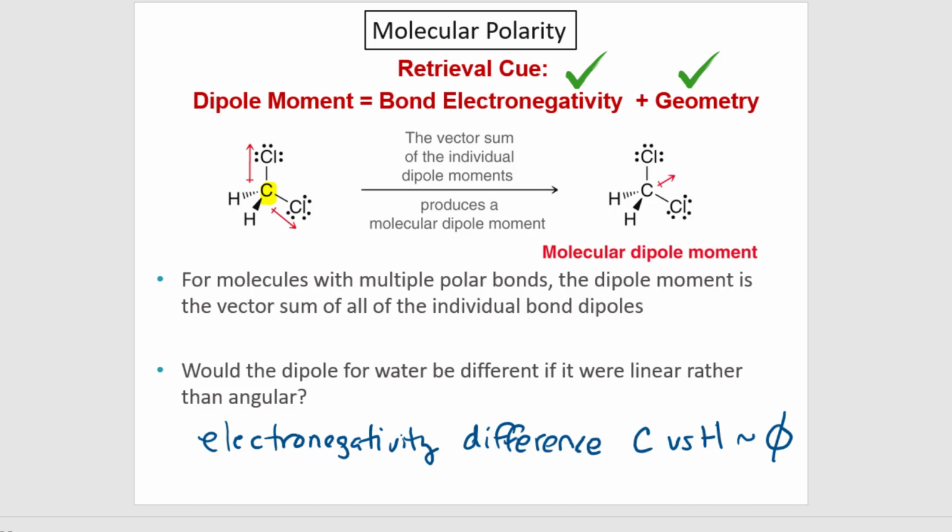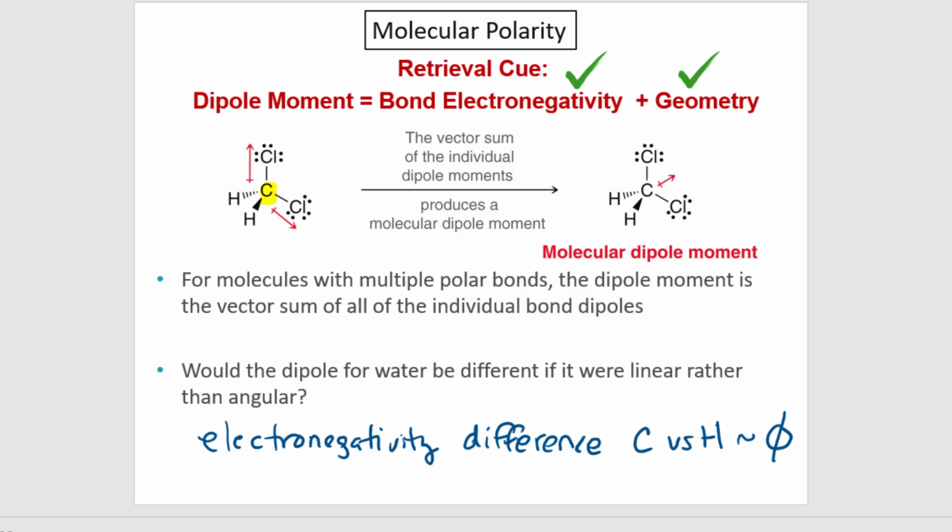So let's just look at the carbon-chlorine bonds. If you look at them individually, you can see the dipole vector drawn, with carbon being more electropositive and chlorine being far greedier. So that's the direction the electrons are getting pulled. I do the same for the other chlorine-carbon bond.